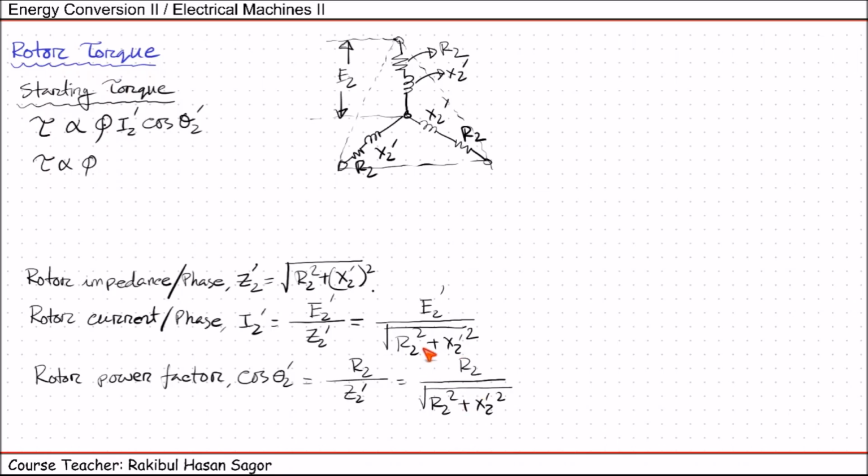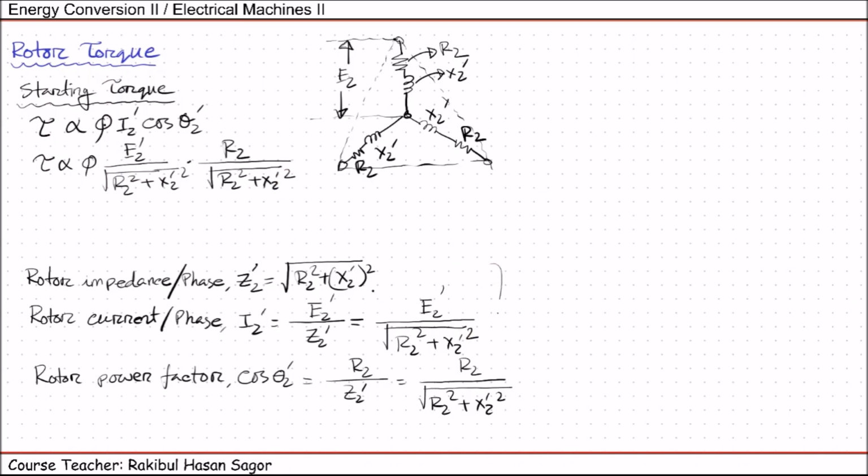So the starting torque can be written as, instead of I2 prime, we can write E2 prime divided by root over R2 square plus X2 prime square into, instead of cos theta 2 prime, we can write R2 divided by root over R2 square plus X2 prime square.